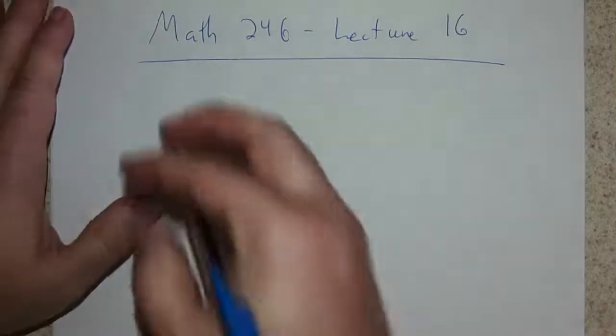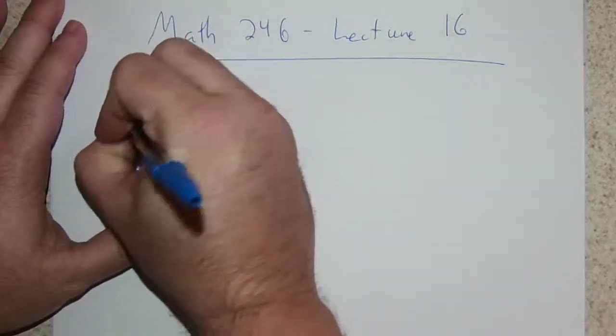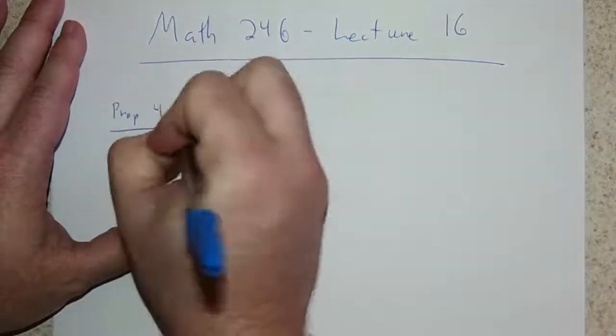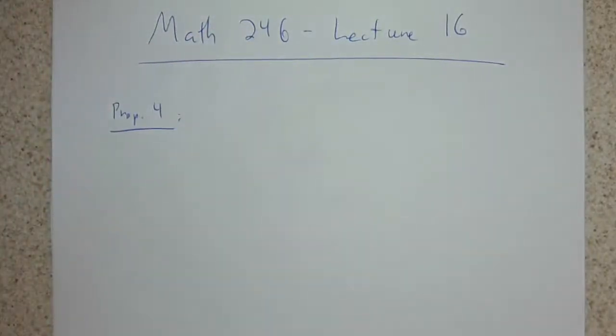So the first one, I think we were labeling them prop, so we're on prop 4 now. This is something we've encountered before in our first two examples of Laplace transforms we computed. We actually showed a version of this, which is the following.